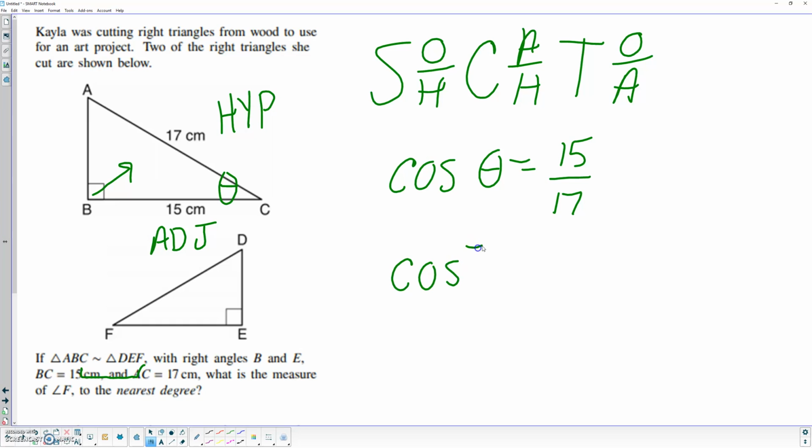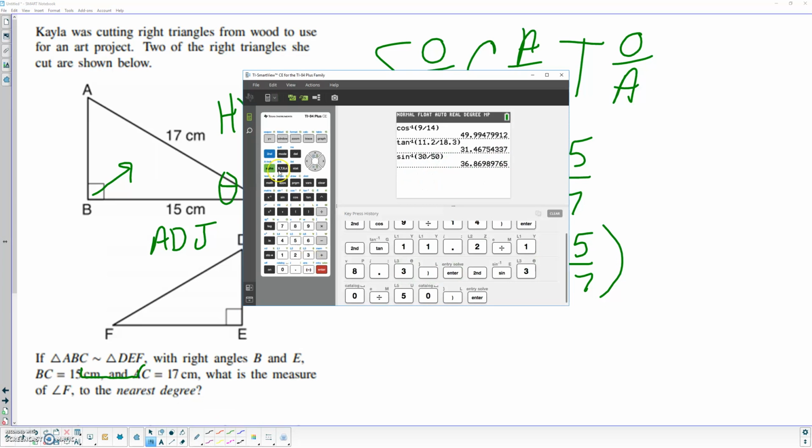So we do inverse cosine 15 over 17. So again, we're going to go to our calculator, hit second cosine 15 divided by 17. All right, so to the nearest degree, we get 28 degrees.